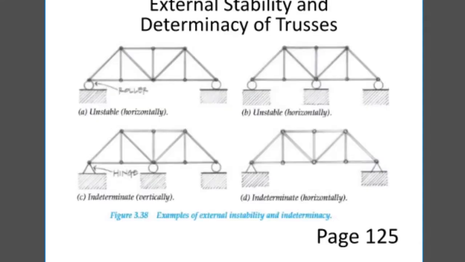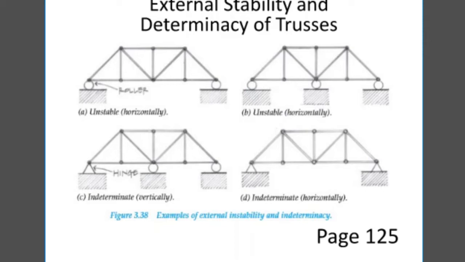Now let's look at the external stability and determinacy of trusses. On page 125, figure 3.38 shows us some examples of external instability and indeterminacy. Image A shows us an unstable truss where we have 2 roller supports.